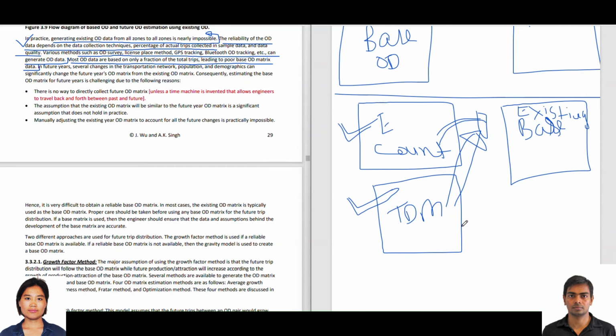TDM ODs are generated based on certain assumptions, so they are hardly reliable. So what we are trying to do is take one distorted OD from here, one distorted OD from there, and combine them together to become a reasonable but still distorted existing base matrix. And then we will use the future TAZs and other factors on the base ODs to predict the future.